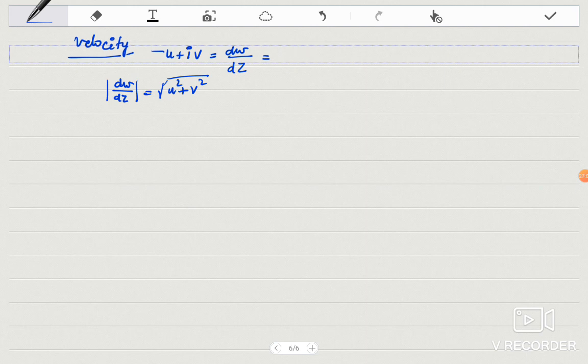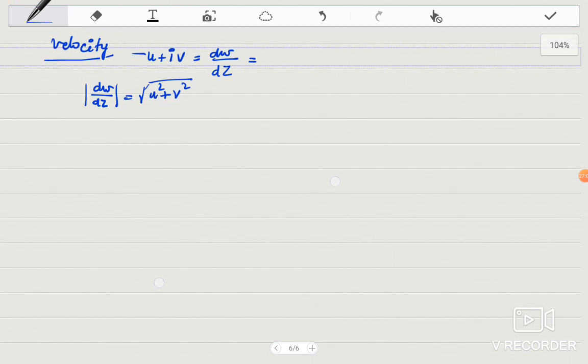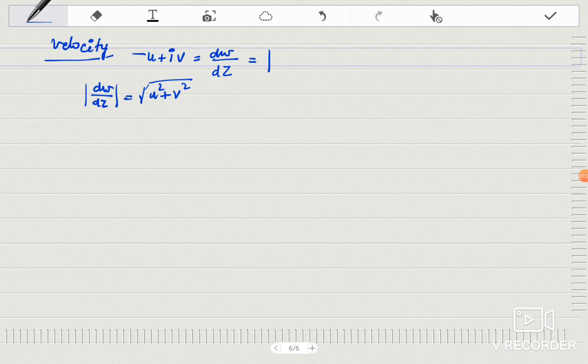I can calculate it from the expression of w. dw/dz is minus u a square upon z square, where u and a square can be taken outside.